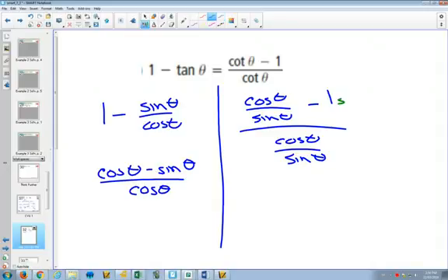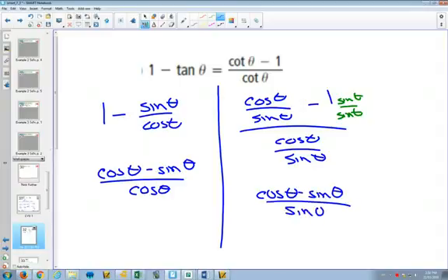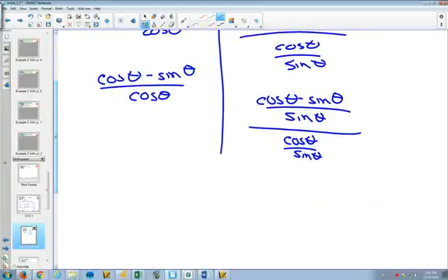If we make this one sine over sine, then on the top, you would get that. On the bottom, you still have cos over sine. Now I have a fraction divided by a fraction, and I can multiply by the reciprocal.